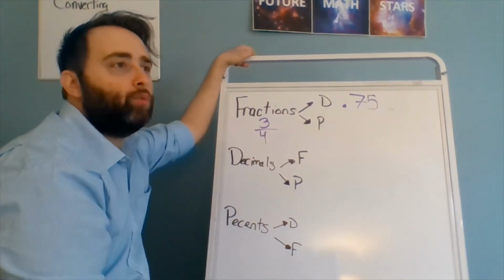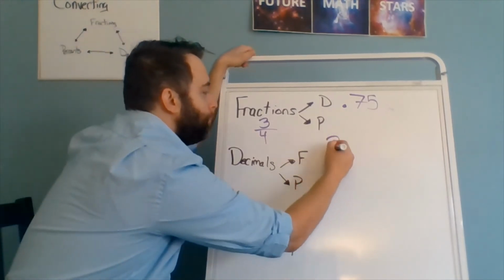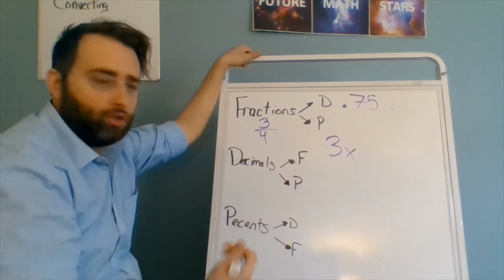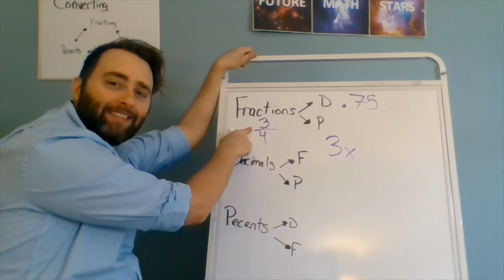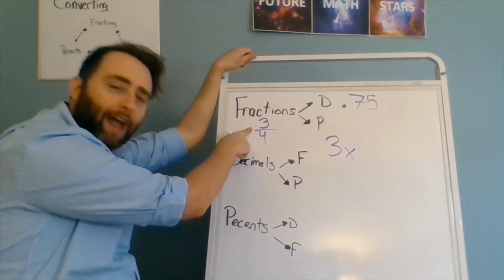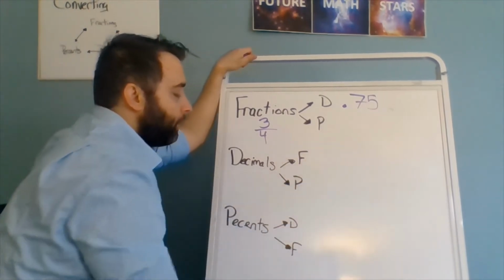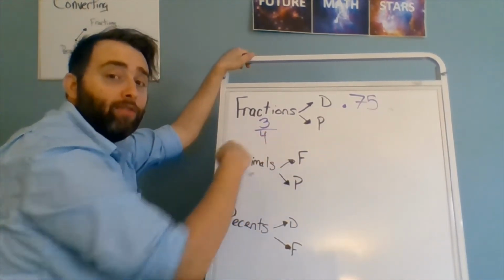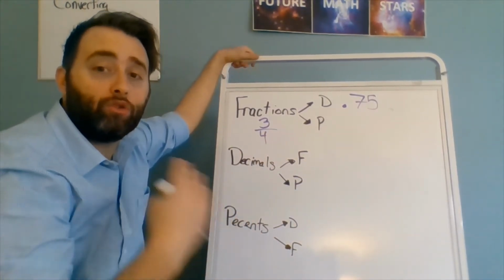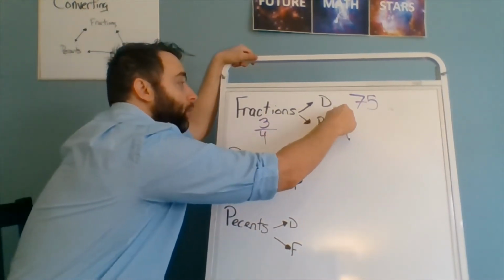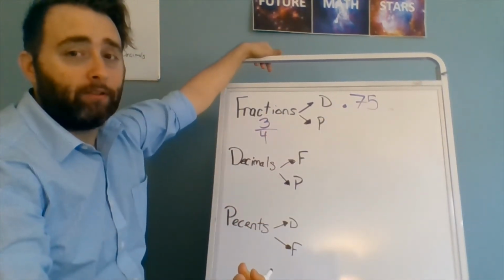That's why I always ask you, when we see a number next to a variable, do you see a division bar? Because a fraction bar indicates division. 3 divided by 4, 0.75. That got us to the decimal.